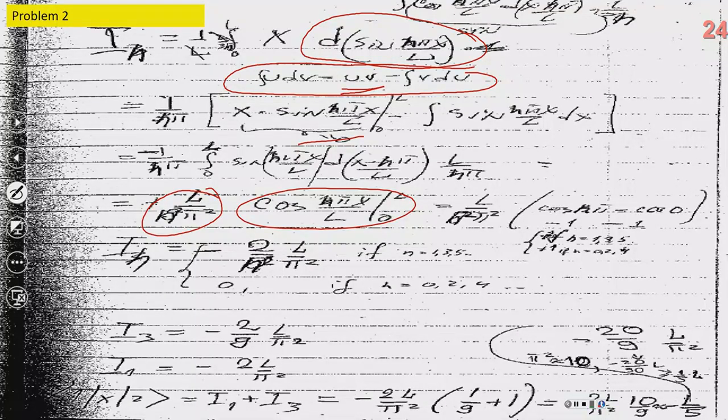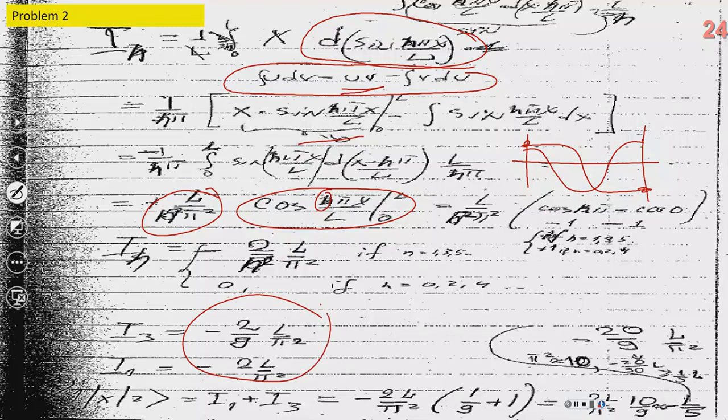If it is an even or odd number, then the difference on the upper and lower limits will be either double or 0. Since we have n equals 1 and 3, there will be two non-zero answers that we add together and get something of the order of L, the length of the box, divided by 5 if we plug in the numerical value.